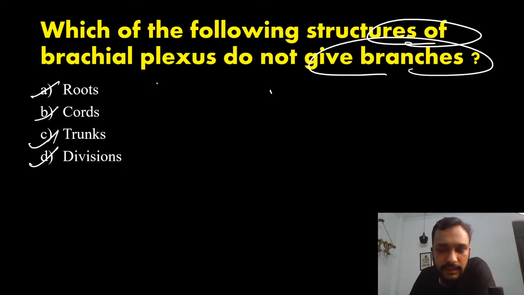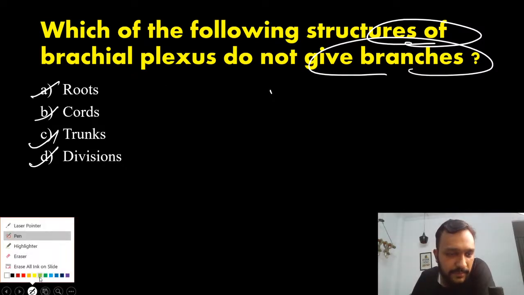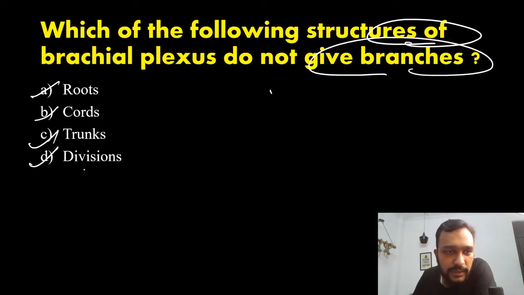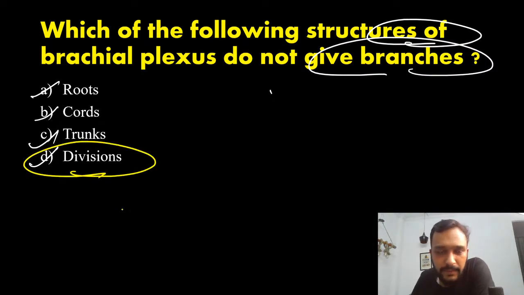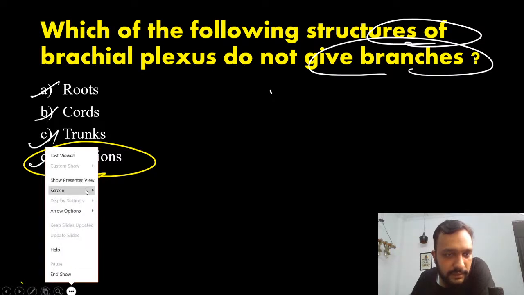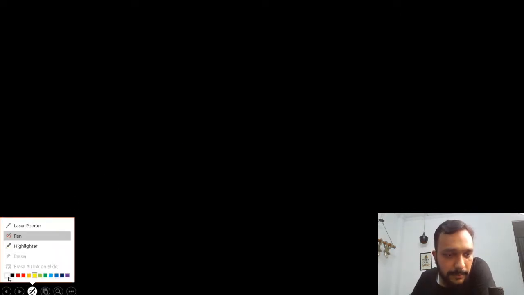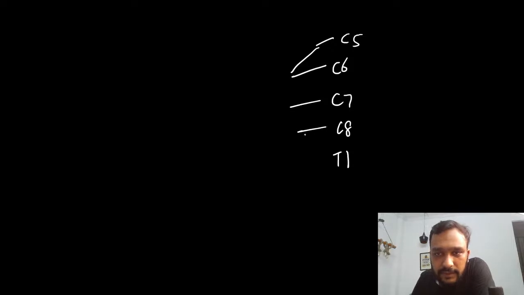So guys, the structure that is not going to give any branches is the divisions. Okay, so let us now discuss a few important things from the section of the brachial plexus. We all know the brachial plexus is formed by the C5, C6, C7, C8 and T1 nerve roots.